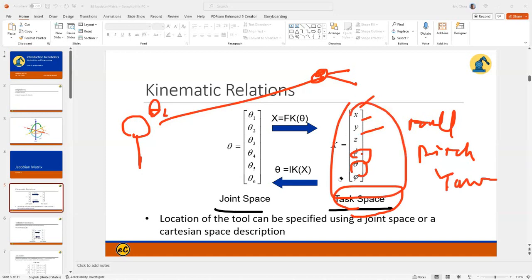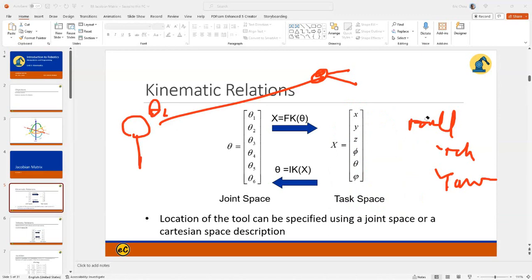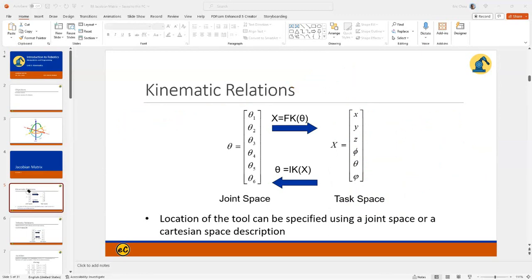So the task space means your end effector's variables, and your joint space is the variables on the joints. These two have some relationship.